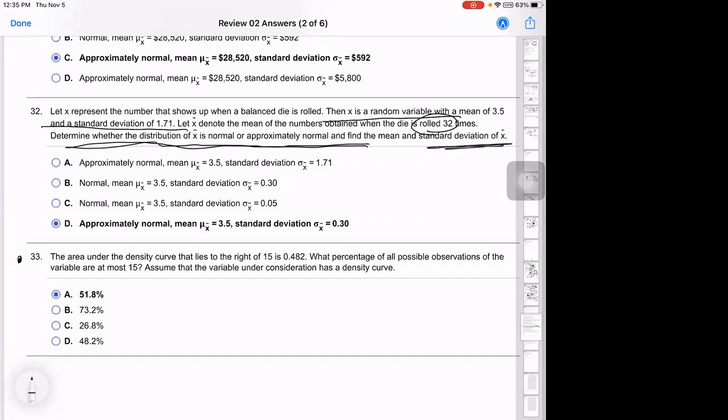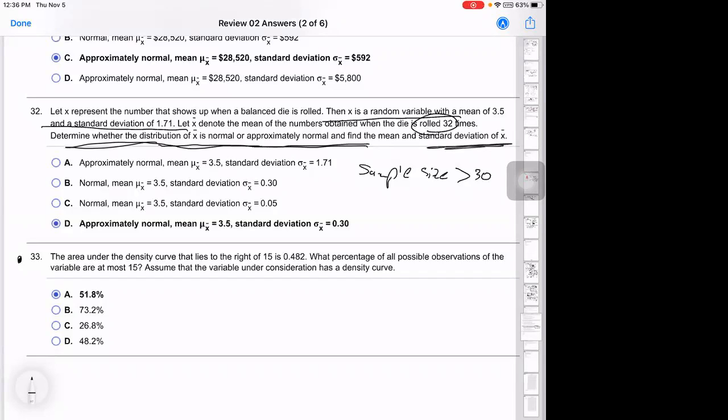If your sample is large enough, meaning the sample size is greater than 30, then regardless of the population distribution, you can consider your sample variable normal, and do your calculation using what we have done.